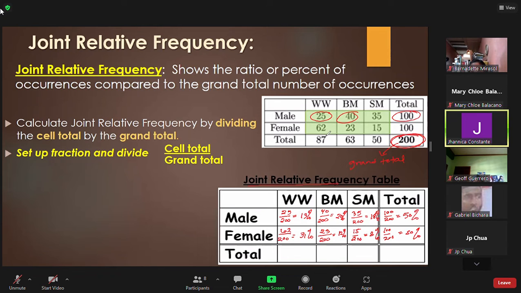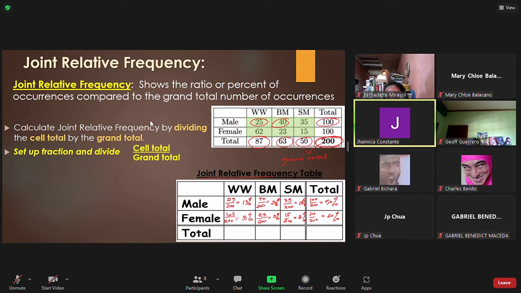So the same, we're also going to get the joint relative frequency of every total category that you have, which is 87 divided by 200, which is equal to 44%. 63 divided by 200 is equal to 32%.